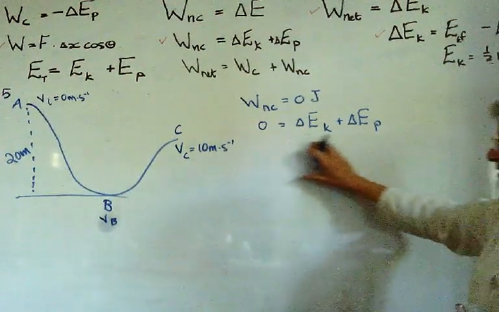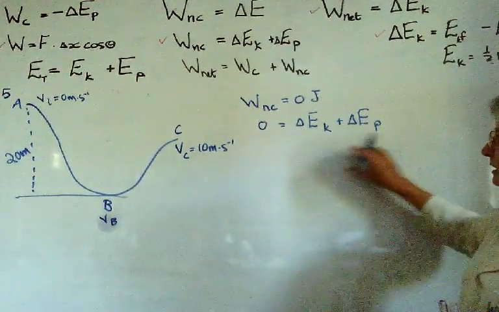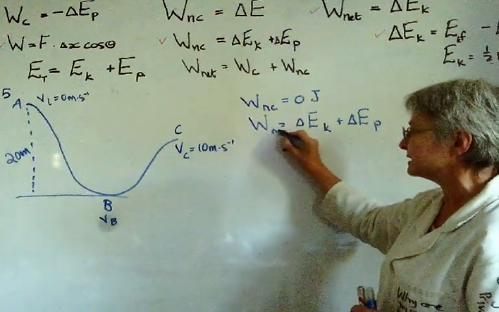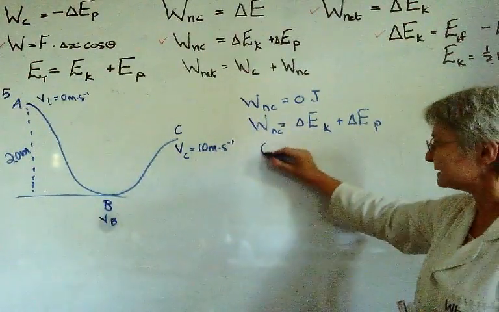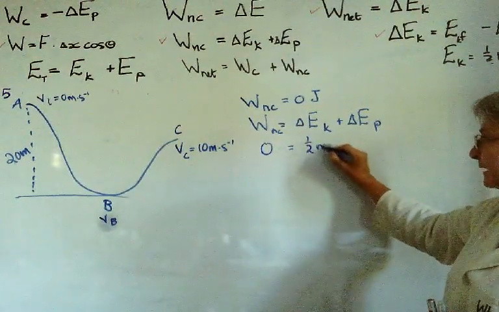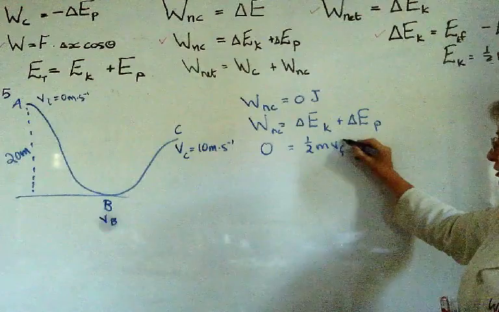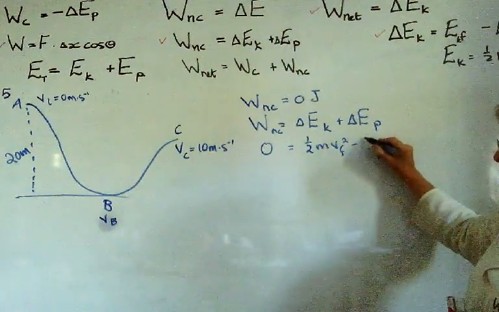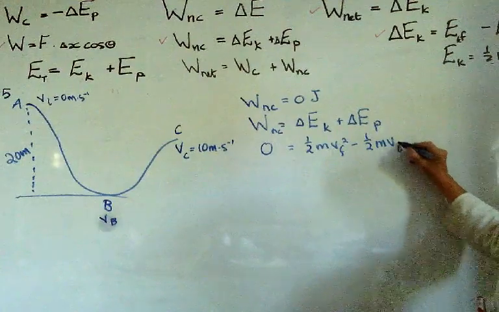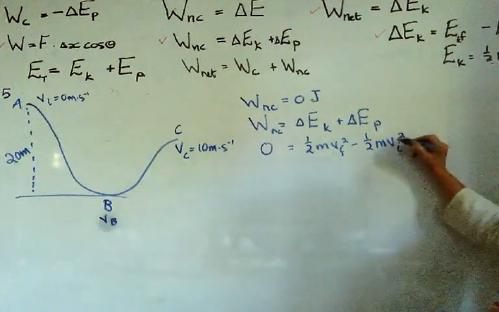And this would be a half mvf squared minus a half mvi squared, which is 0, plus mghf minus mghi.